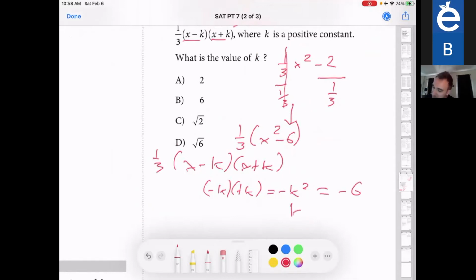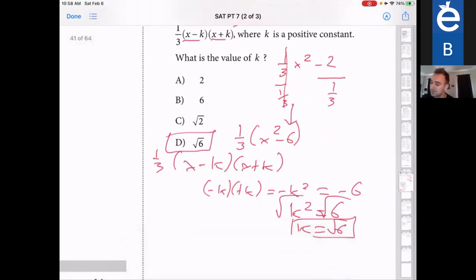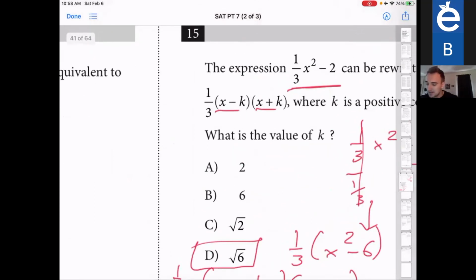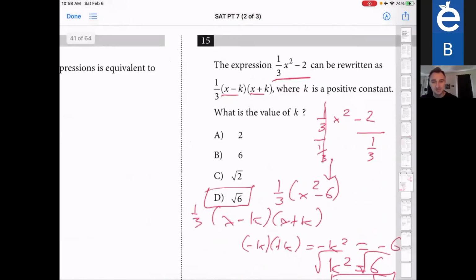I'm just simplifying here. Now k squared is equal to 6. Take the square root of both sides. K, my constant, is equal to the square root of 6. That is answer D. An important part there is to remember that when you factor that whole thing, it would be easy to just pull it off the x squared term, but we have to take it from both.